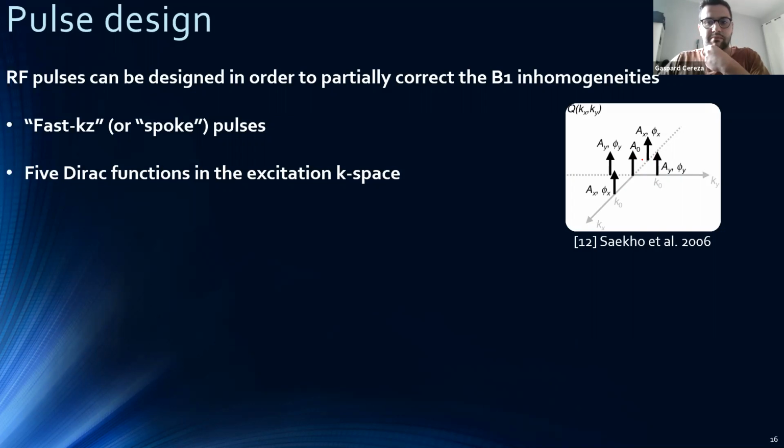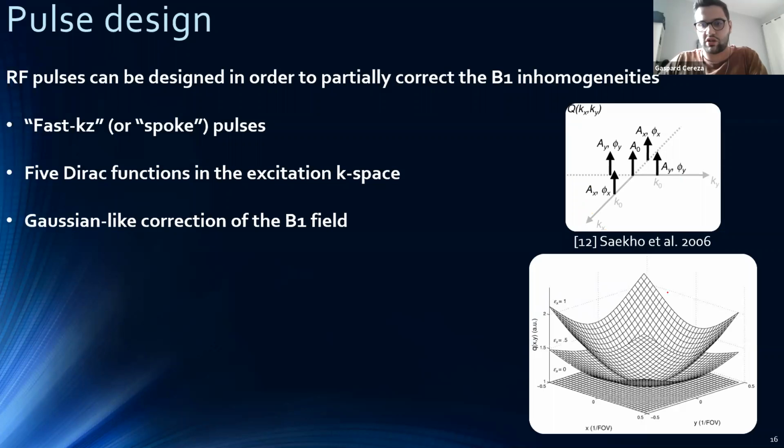And by depositing the energy at specific points in that k-space, we can have a Gaussian-like correction of the B1 field, and this Gaussian-like profile will be really useful when we are playing with volume coils, because the volume coils will have the opposite, a central brightening that is almost Gaussian, as we saw earlier. So using this type of pulse can correct for these inhomogeneities.